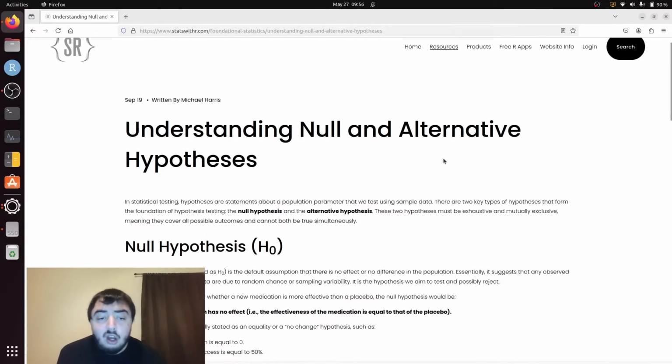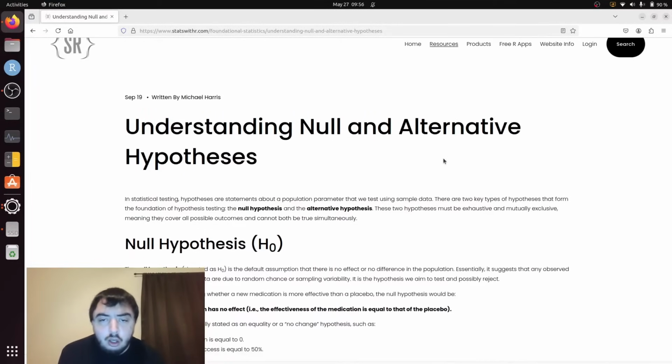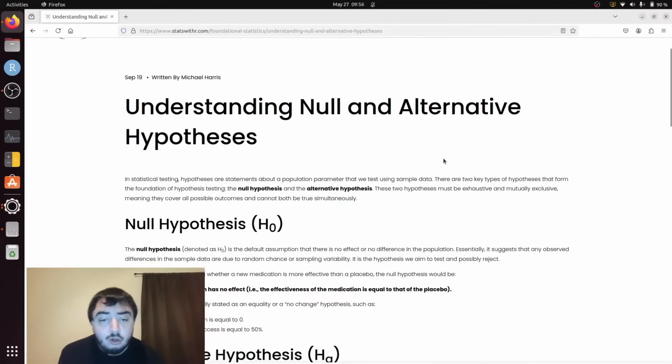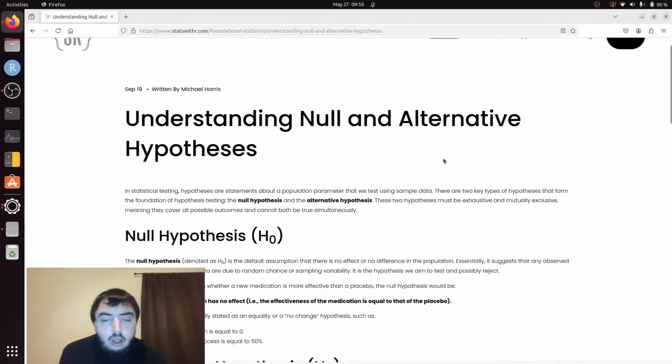So, we often set the null hypothesis to be no difference between groups, or the data has some mean or something to that effect.